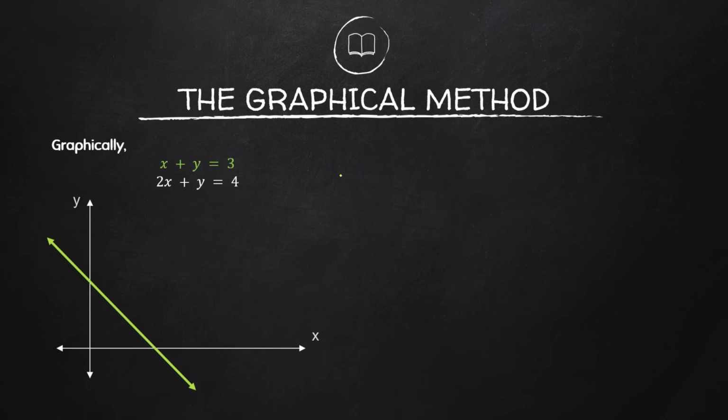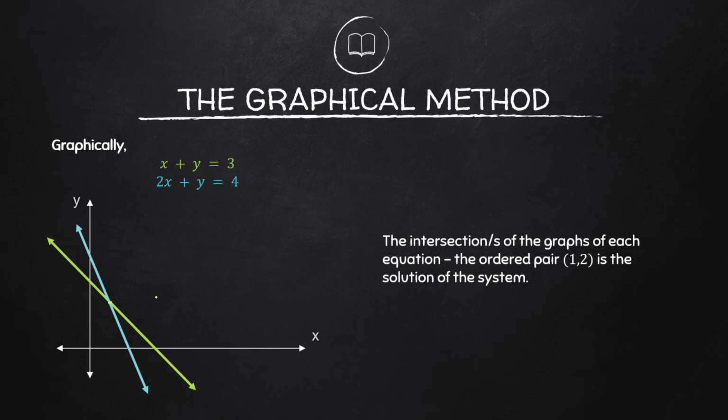If you graph the second equation, you will have this line, the blue line here, 2x plus y equal to 4. The intersection between these graphs is an ordered pair. And that ordered pair is equal to the solution of the system.